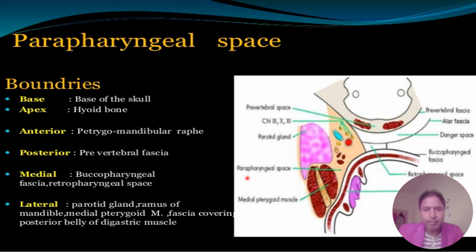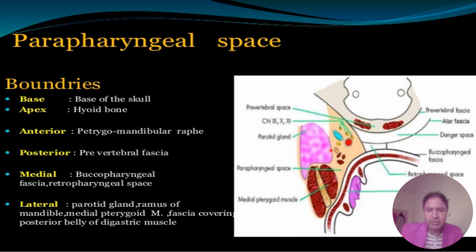This is the parapharyngeal space. So we have medial buccopharyngeal fascia and retropharyngeal space. This is posterior. This is the medial buccopharyngeal fascia. Then lateral are the parotid gland, ramus of mandible, pterygoid muscle, and fascia covering the posterior belly of digastric.